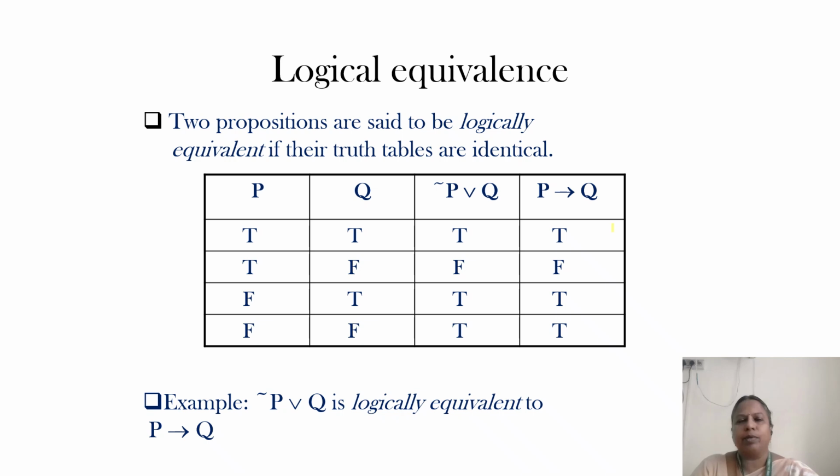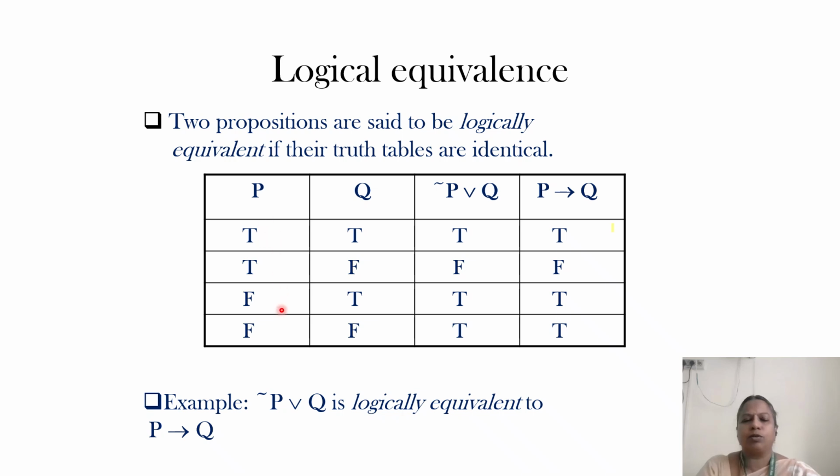So here we have some logical equivalences. The propositions P conditional Q and negation P or Q are equivalent. So we can say that the two statements P conditional Q and negation P or Q are logically equivalent. Let us see how they are logically equivalent.